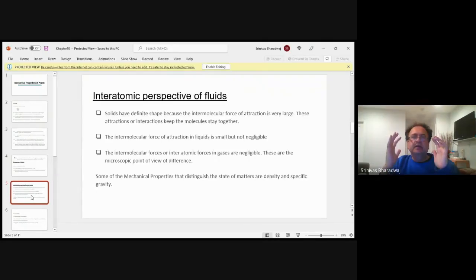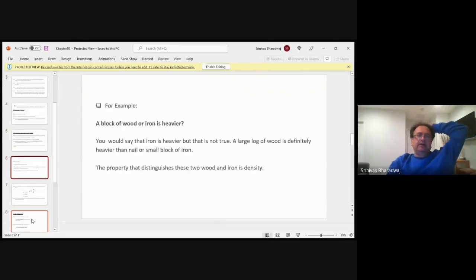The intermolecular force of attraction in liquids is small, but it is not negligible. In gases, there are very little atomic forces, so they move around freely. The kinetic theory of gases provides a model for how ideal gases behave.